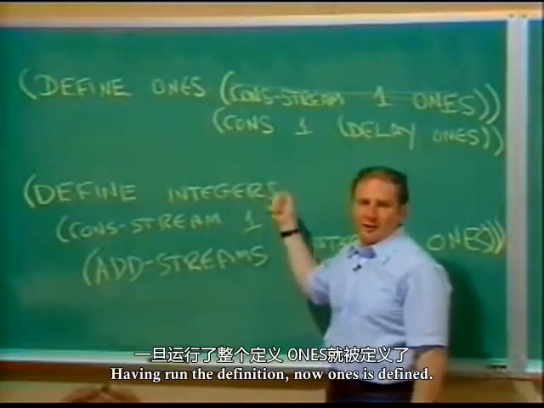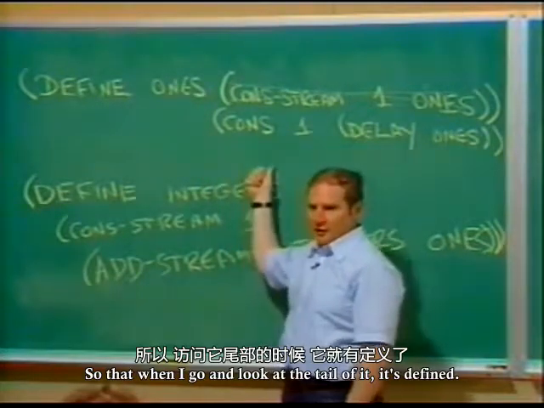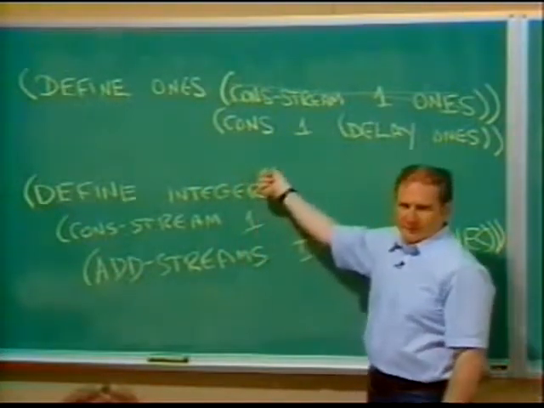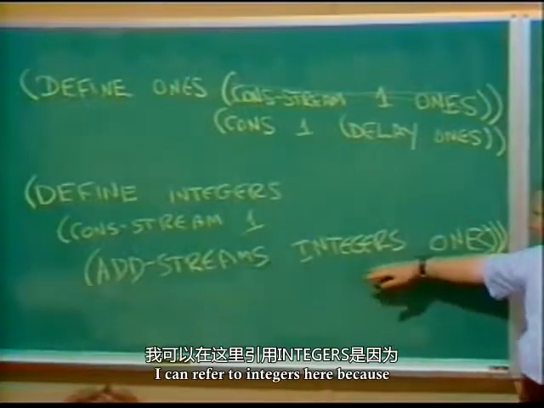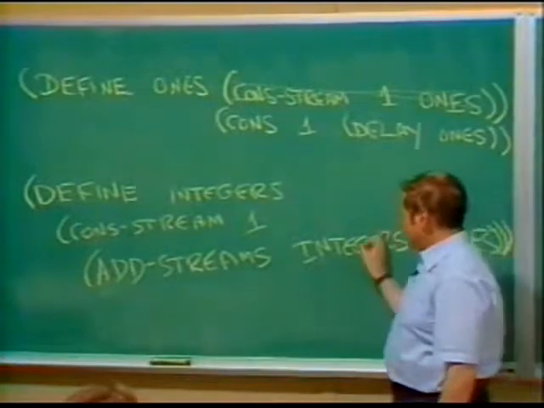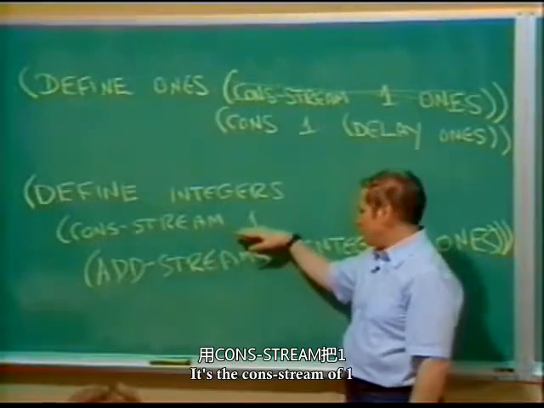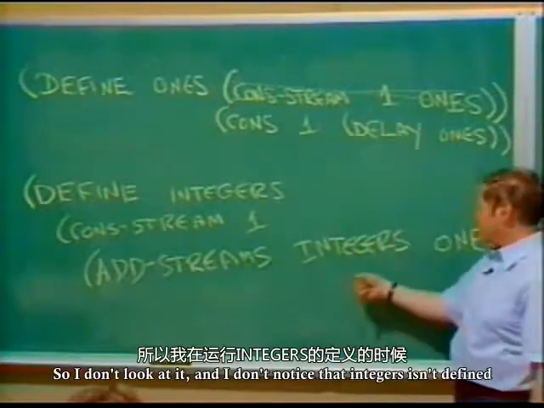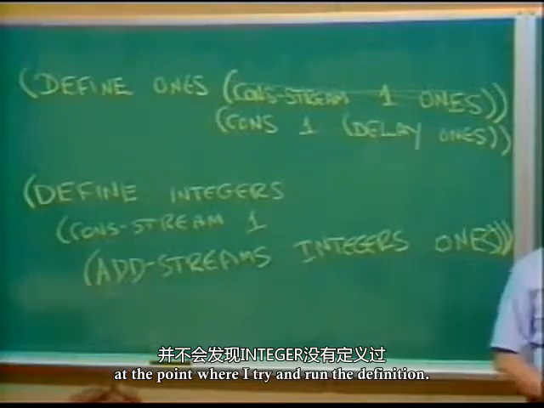Having run the definition, now ones is defined, so that when I go and look at the tail of it, it's defined. It's very sneaky. And then integers the same way. I can refer to integers here because hidden way down because of this cons-stream. It's the cons-stream of 1 onto something that I don't worry about yet. So I don't look at it and I don't notice that integers isn't defined at the point where I try and run the definition.